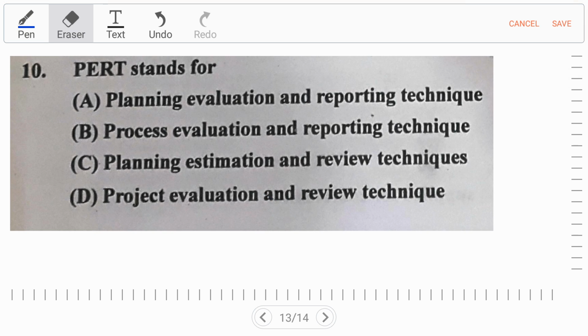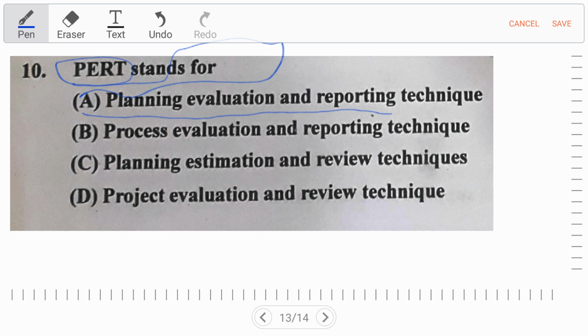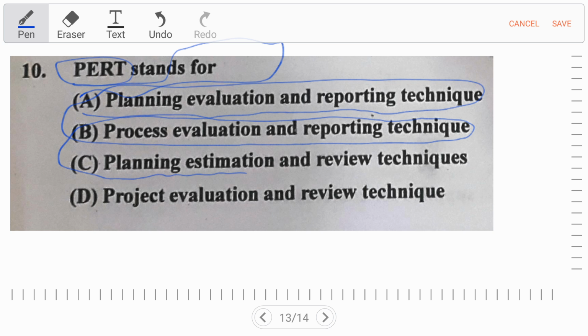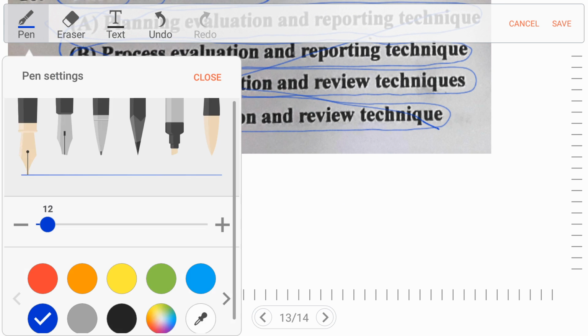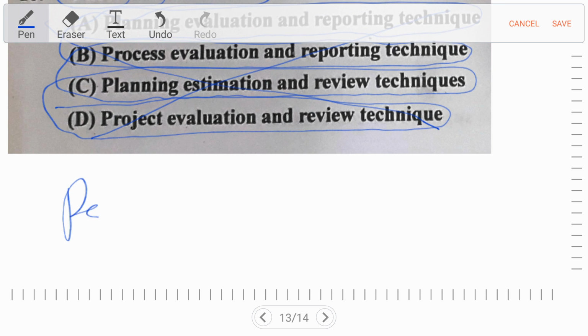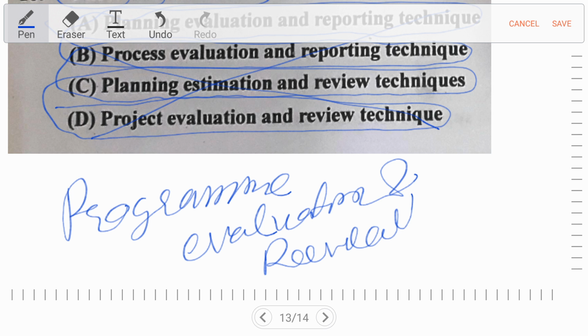PERT, a very well known term. PERT stands for option A, planning, evaluation and reporting technique. Option B, process, evaluation and review reporting technique. Option C, planning, estimation and review technique. Option D, project, evaluation and review technique. Friends, all these options are wrong, because the right full form of PERT is program, evaluation and review technique.